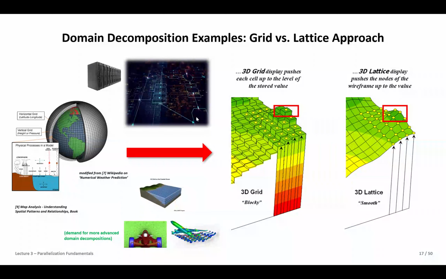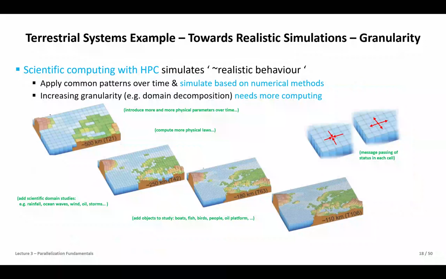You do an iterative way of simulating this. You don't simulate and compute all at once. So already this has an important impact on the domain decomposition, towards making more realistic simulations, as we want to have.